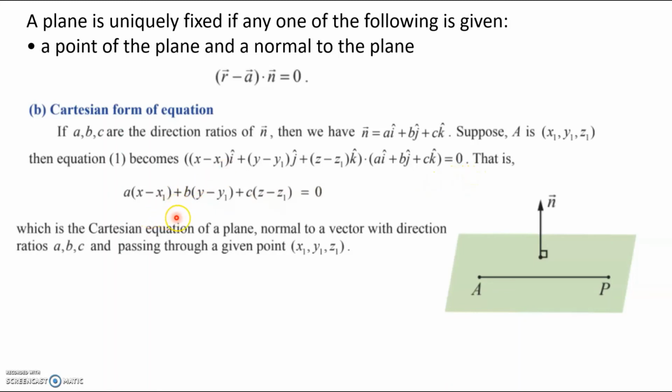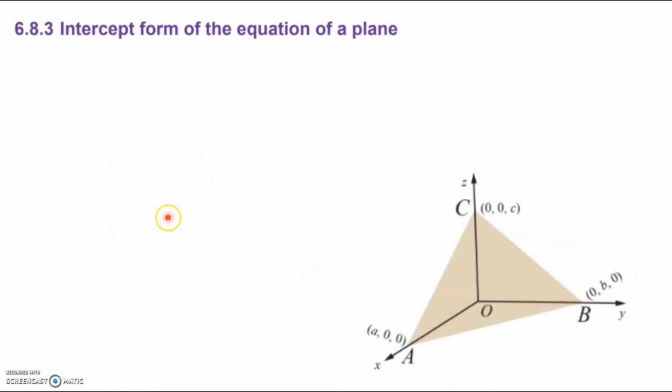So rewriting this, we can define it as a into x minus x1 plus b into y minus y1 plus c into z minus z1 is equal to 0. That is the Cartesian equation of a plane normal to a vector with the direction ratios a, b, c and passing through the given point x1, y1 and z1.